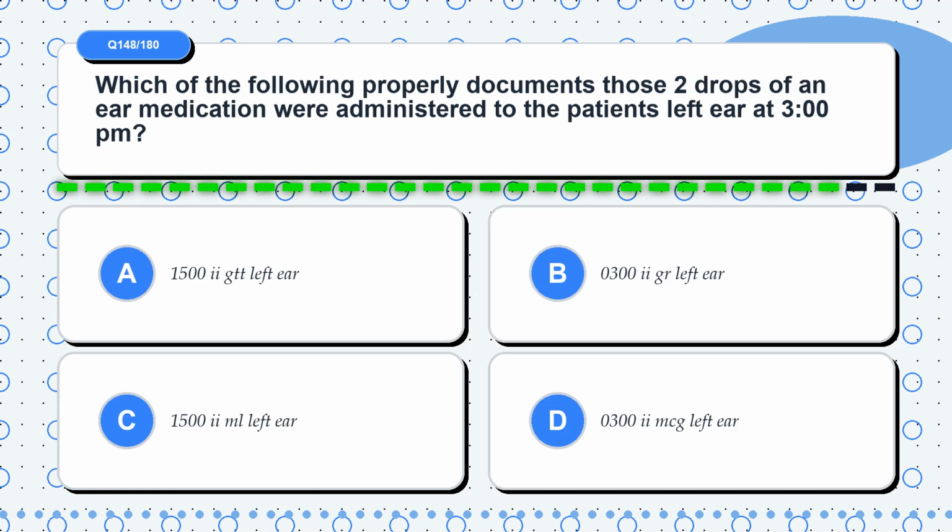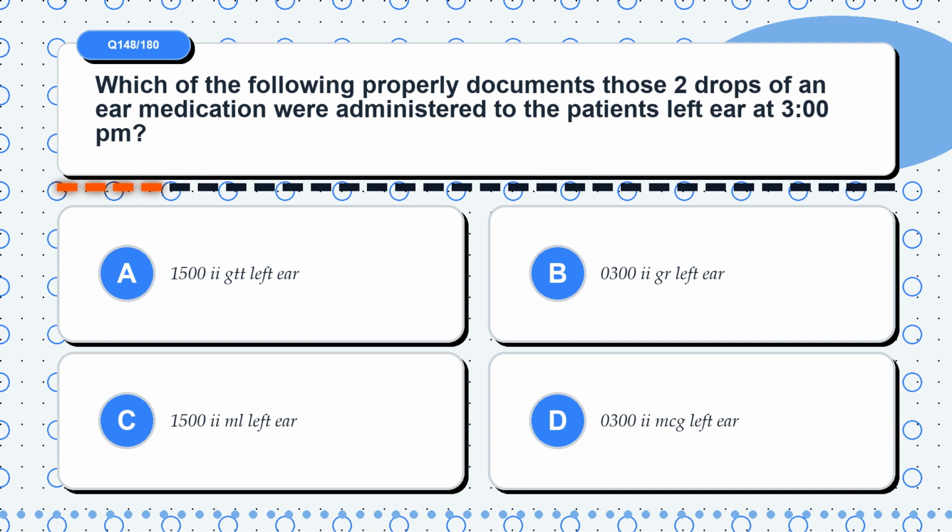Question 148. Which of the following properly documents that 2 drops of an ear medication were administered to the patient's left ear at 3:00 p.m.? Here are the options. Option A, 1500 Roman 2 GTT left ear. Option B, 0300 Roman 2 GR left ear. Option C, 1500 Roman 2 ml left ear.